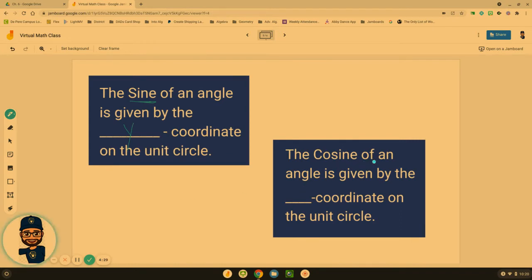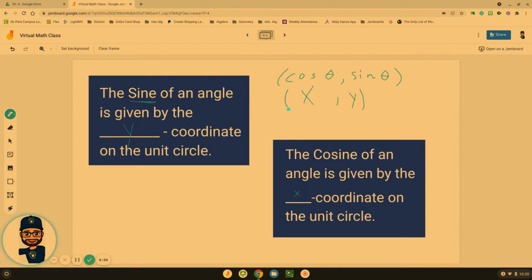The cosine of an angle then must be given by the x coordinate. Remember that it's cosine theta, cosine of our angle, comma, sine of our angle, sine of theta. And so that's how we relate them to the xy coordinate on the unit circle.